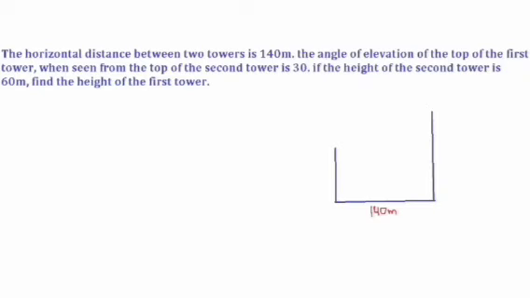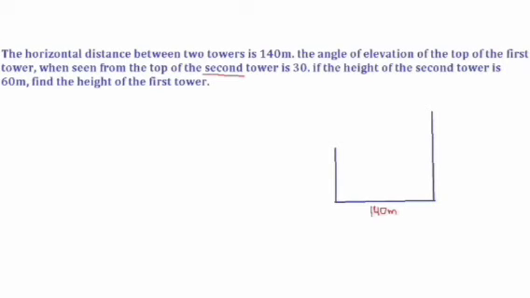Now it is saying the angle of elevation of the top of the first tower when seen from the top of the second tower is 30. It means your second tower is smaller because it is looking up to the first tower.